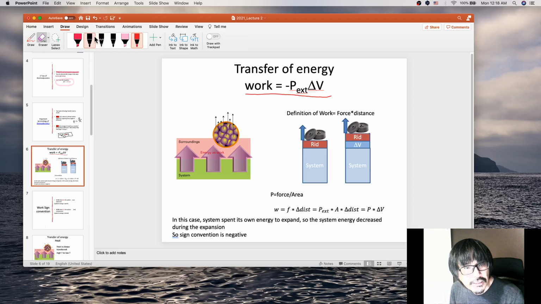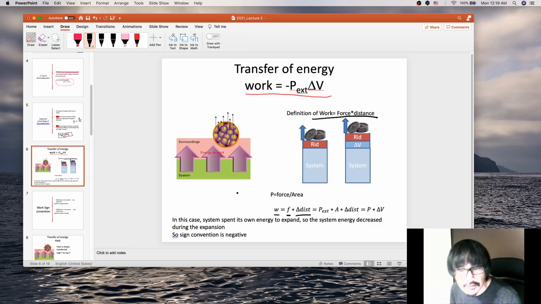The definition of work, from physics, is that work is equal to force multiplied by distance. That's the definition of work, probably coming from Physics 1.